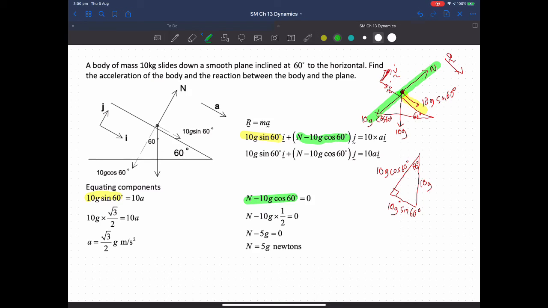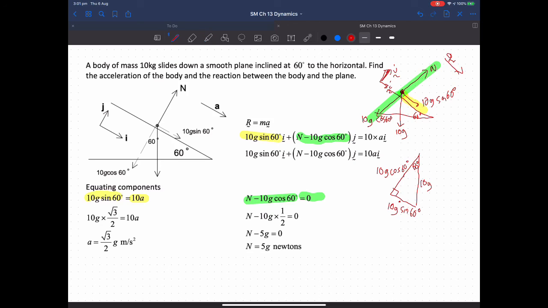That is the j component. So what I know is 10g sine 60 is equal to the 10a because it's operating in the i direction, and N minus 10g cos 60 degrees is equal to the j direction, and there is no motion in that direction.